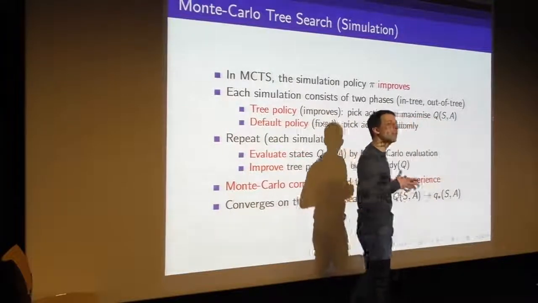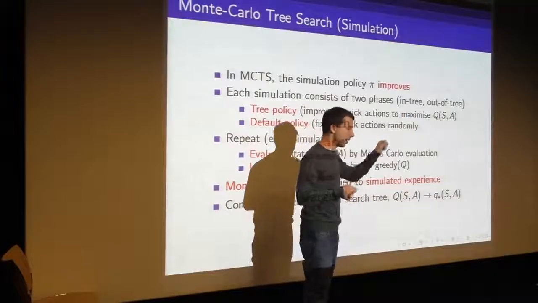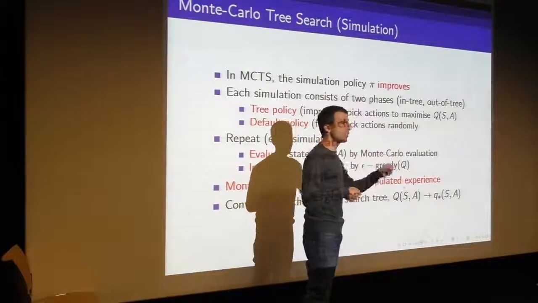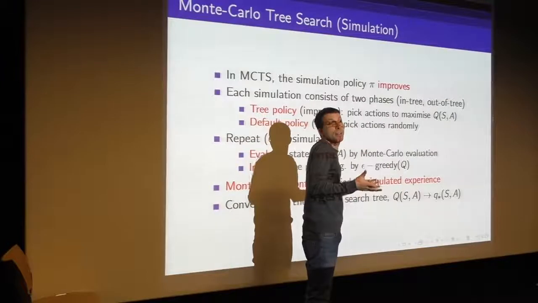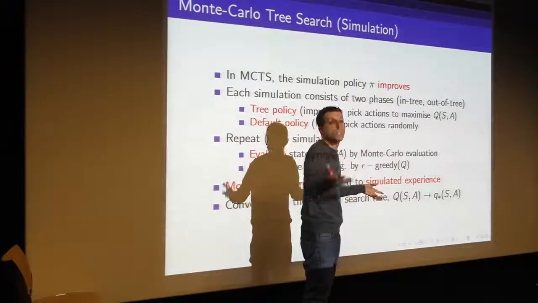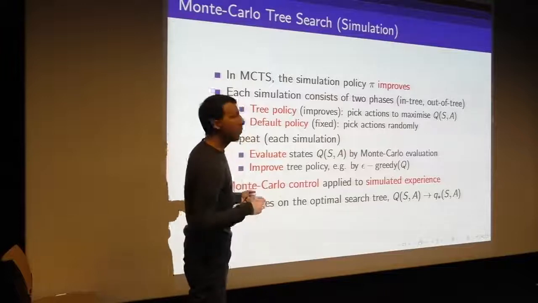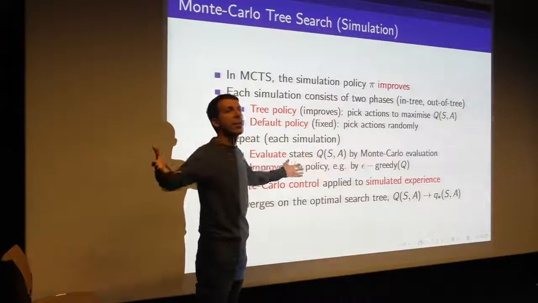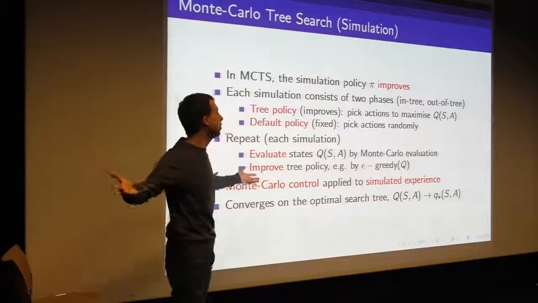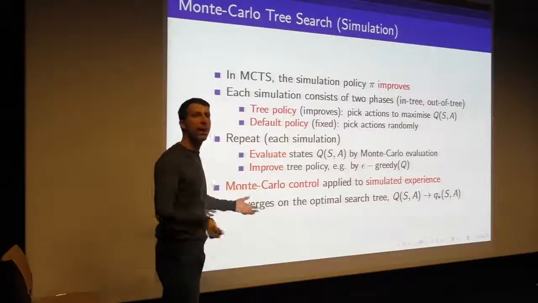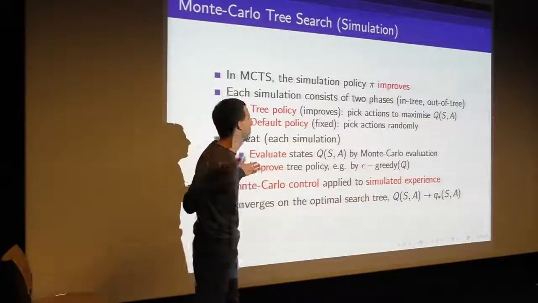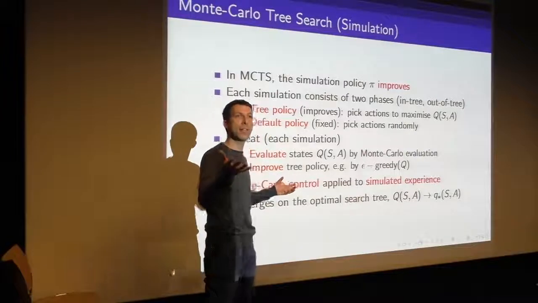So at every node of our tree, we just look at our children, look at all the actions I can take, and pick the action which gives the highest Q value, possibly with some exploration as well. But when I run beyond my tree, and I don't have anything stored, I haven't seen these states before, I just behave according to some default random simulation policy, which again can be naive.